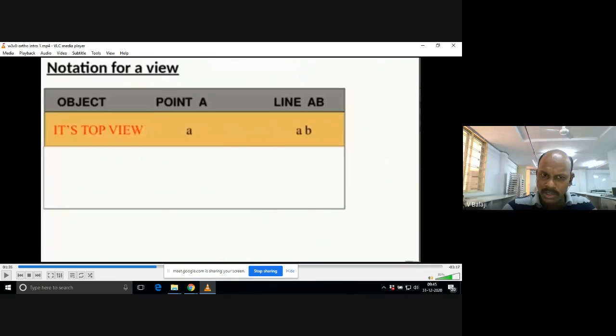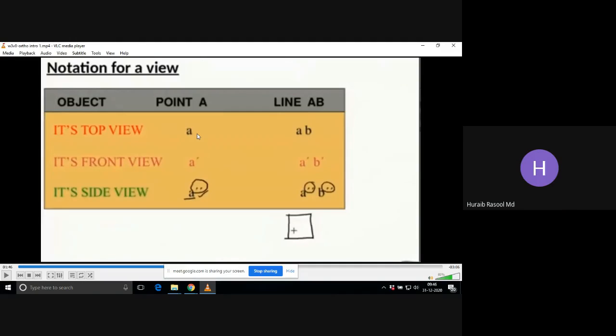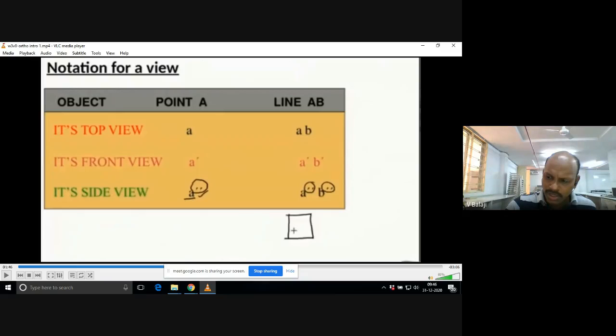It is very important to represent on the drawing sheet, right? Suppose a point is there. Let's take that point. The point is having how many dimensions? Zero, right? If you take a point, you simply put a dot on the drawing sheet; it has no length, no width, no thickness.